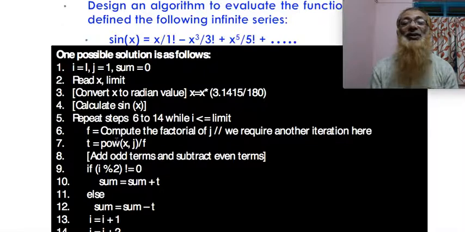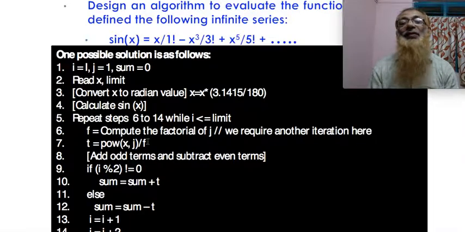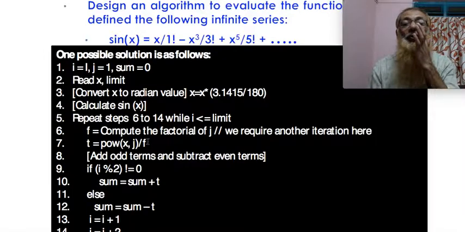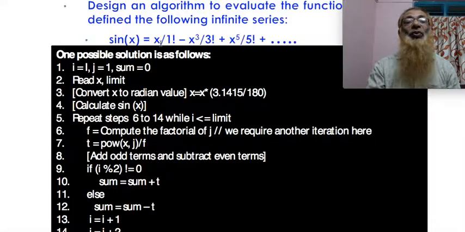We make use of that function. So x raised to j divided by f. F represents 1 factorial, POWXJ, note the value of j here. We start j with 1. Now once the value of the first term is computed.